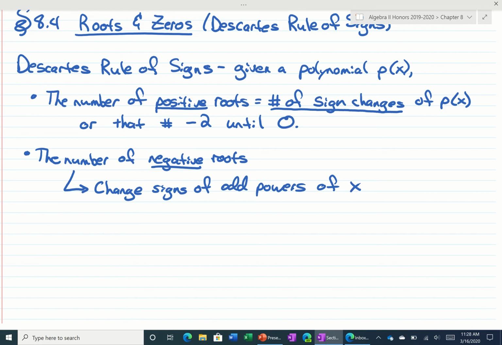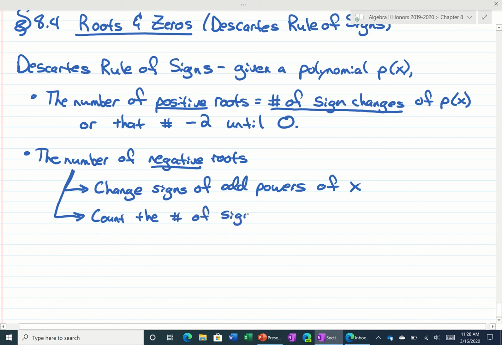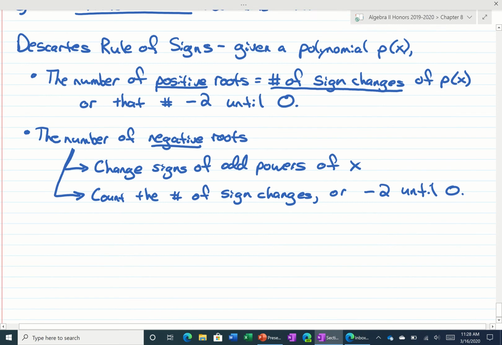If it's negative, we treat it like a positive. An even power we don't touch. And then what we do is we count the number of sign changes, or subtract 2 until 0.